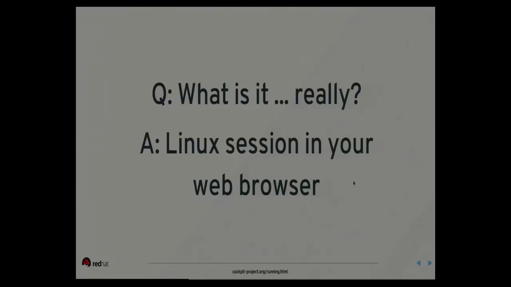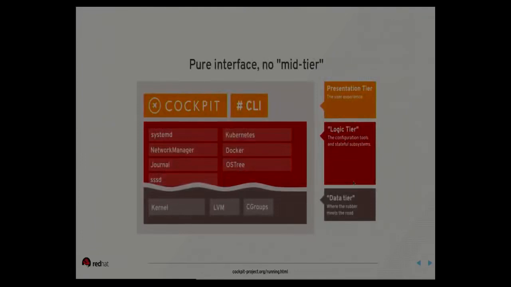directly from JavaScript. Cockpit is pure interface. There's no mid-tier at all. This is one of the principles that we have. We don't store any data about the system. We have a bit of data about how the UI should be laid out, someone's preferences, what language they've chosen, and so on. But we store no data about the system itself.